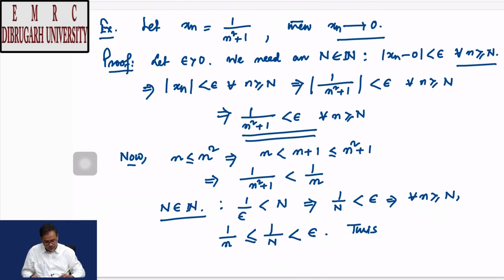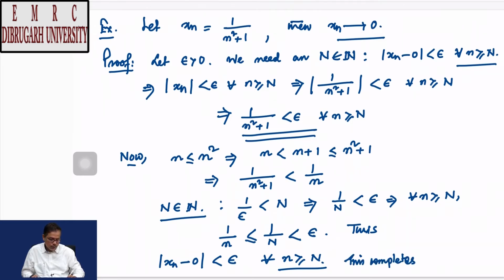Thus, |xn minus 0| is less than epsilon for all n greater than or equal to N, and this completes the result.